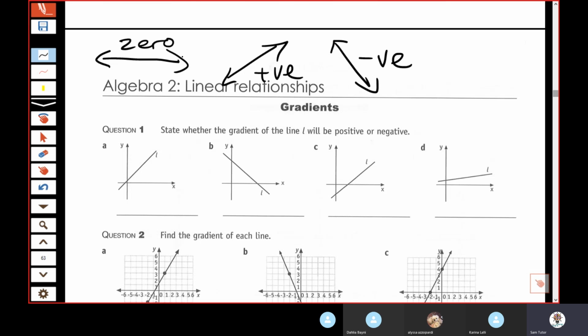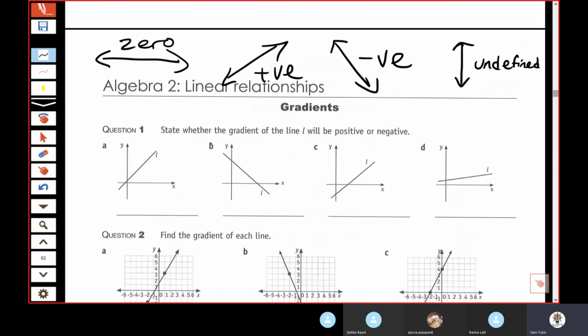You can walk on it and think of it like that. And if it's a vertical line, then it's an undefined gradient. I mean, think of a vertical wall. You can't walk on that. So, unless you're Spider-Man, you can't walk on that. So it's undefined, 0, positive, negative.